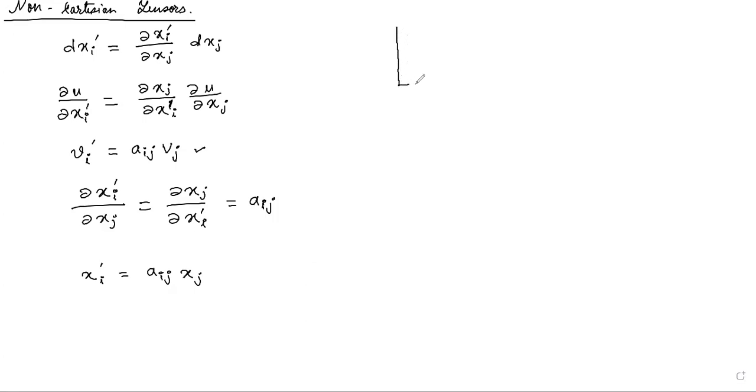I have a Cartesian coordinate system. Here we have x, y, z. And let me change the color a bit. So I rotate the coordinates to x prime, y prime, and z prime.